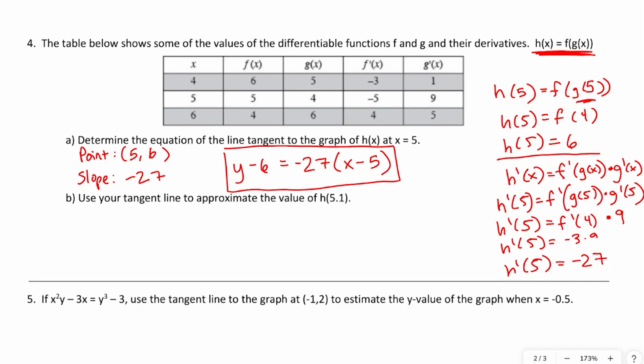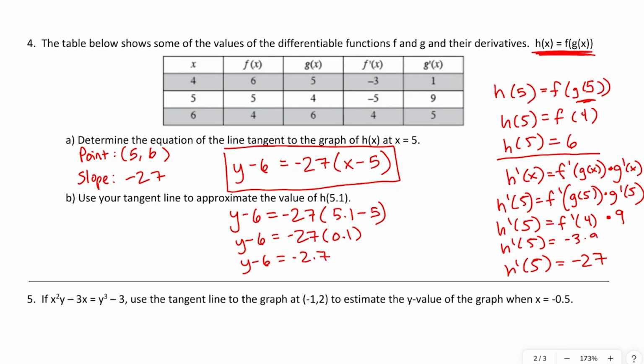But we can use this tangent line to approximate it. So we'll plug in 5.1 into x, into our tangent line, and just start solving for y here. So y minus 6 equals negative 27 times 0.1. So that'd be y minus 6 equals negative 2.7.